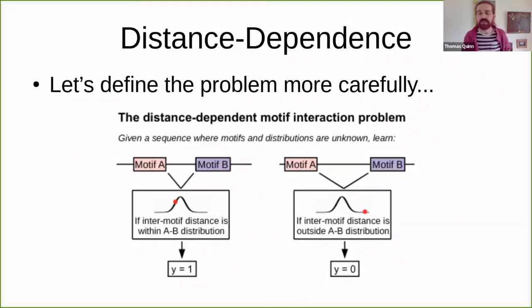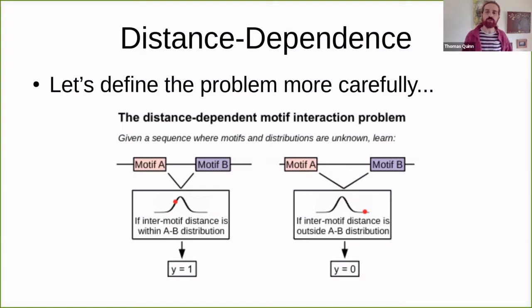We can try to define this problem a bit more carefully, and I'll call this the distance-dependent motif interaction problem. Given a sequence where motifs and the distances between them, which we'll represent as distributions, are unknown, we want to learn the identity of the motifs and the distance between them as a distribution.